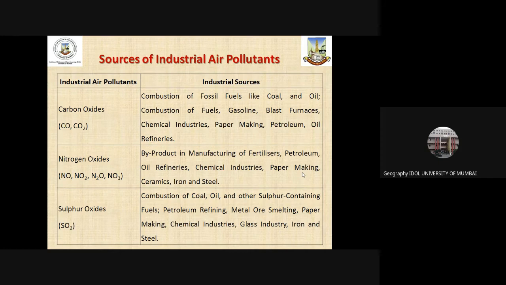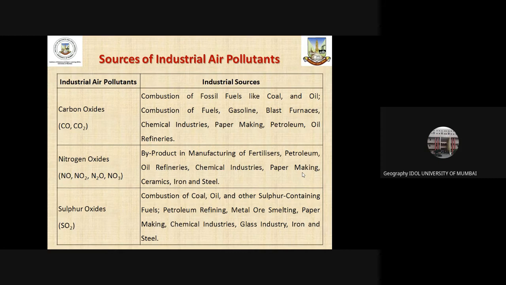Nitrogen oxides in different forms are the byproducts in manufacturing of fertilizers, petroleum, and oil refineries. Chemical industries, paper making industries, ceramics, and iron and steel industries are responsible for the release of oxides of nitrogen into the air, resulting in air pollution.